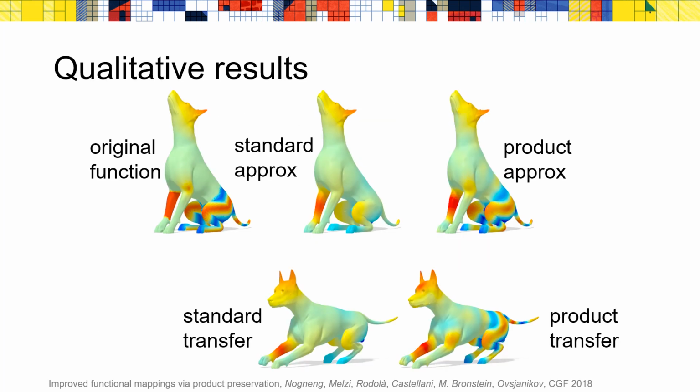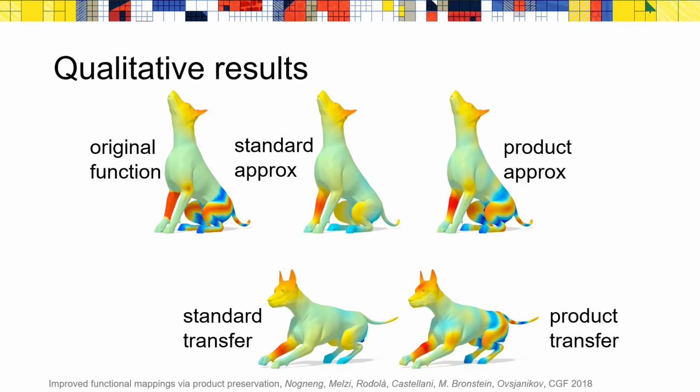As you can see, applying approach A, we can better approximate and transfer a signal defined on a shape using the same functional map. So we have the two shapes, their Fourier basis, and a functional map estimated for these two bases. The results for the approximation and the transfer are the ones depicted in the middle of the first row and on the left of the second row.